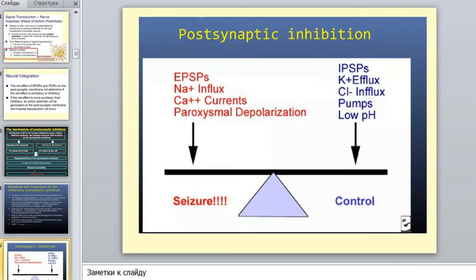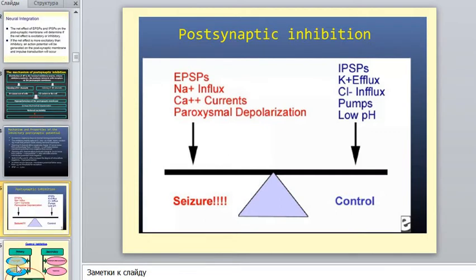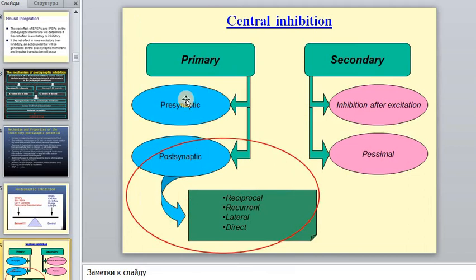I think everything was clear up to this point, and let's look at this slide. First, you see two types of inhibition in the central nervous system: primary inhibition and secondary inhibition. The activity of nerve cells can be inhibited without the participation of special inhibitory structures, without synapses.